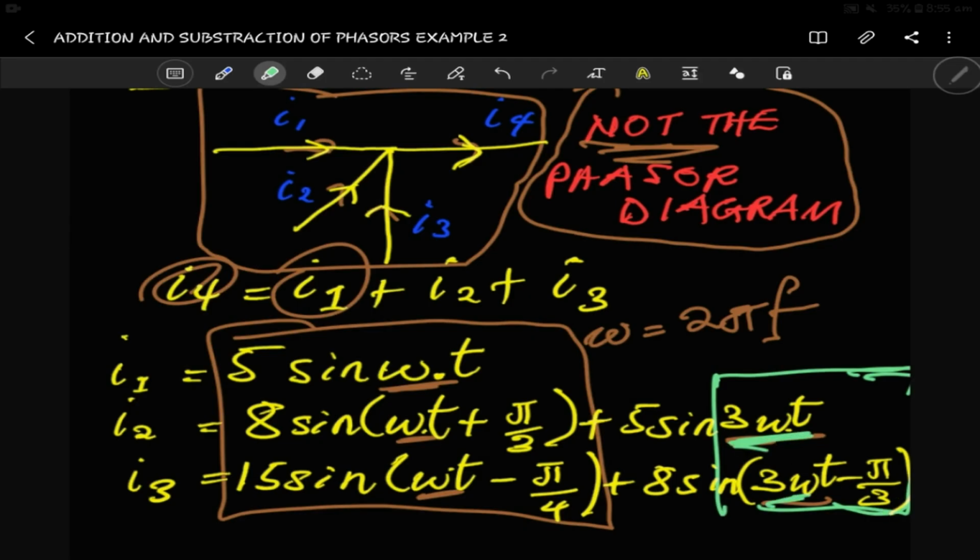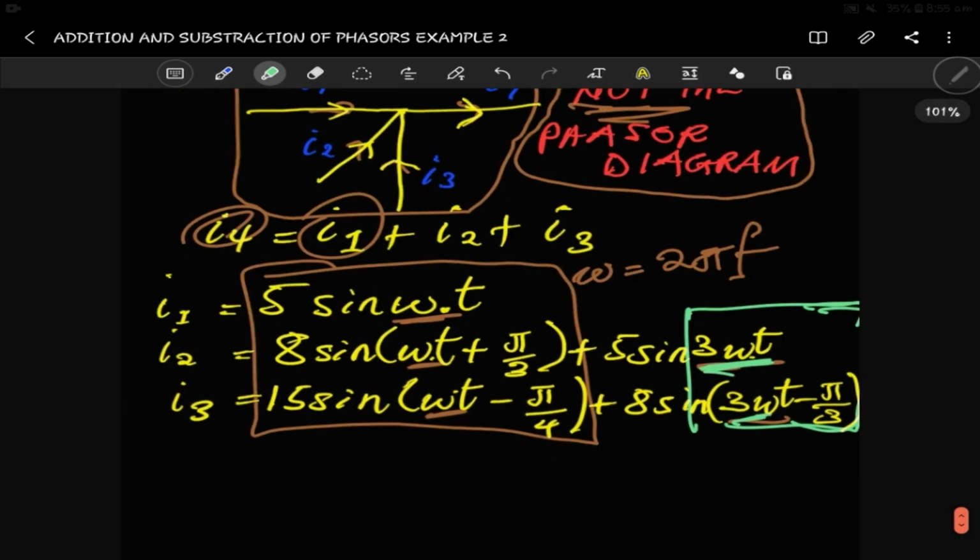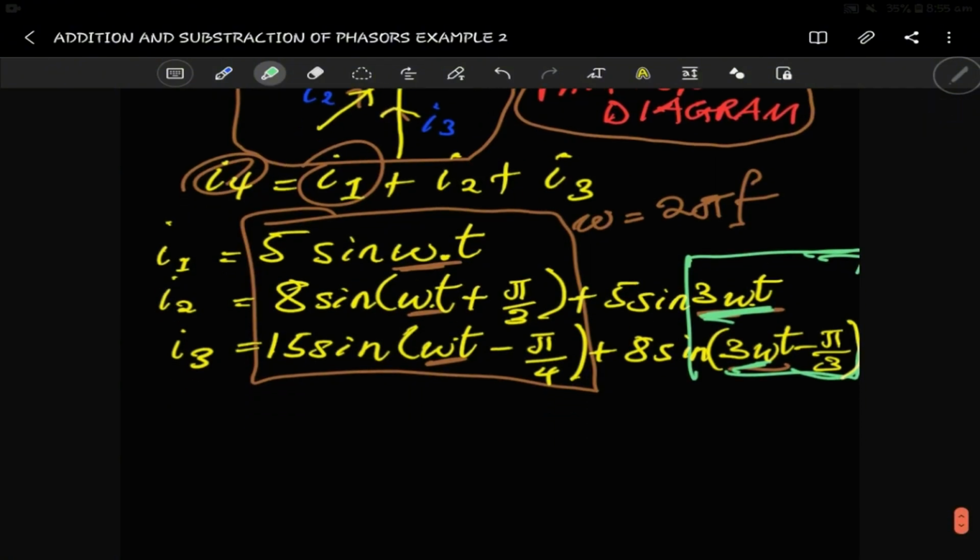Previously the quantities were 90 degrees away from each other, so it was a bit straightforward. But here they are not close to each other. The phase difference is not 90, so we have to find a way. So we look at the first one, for instance.